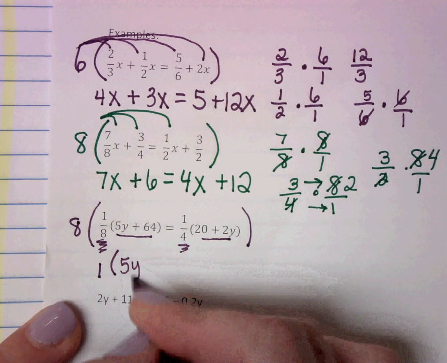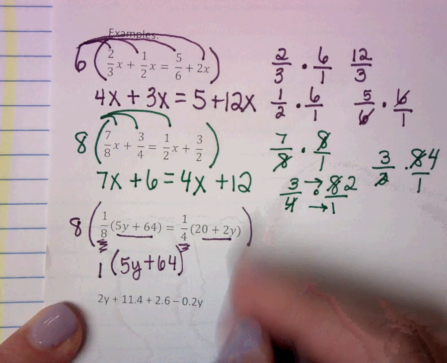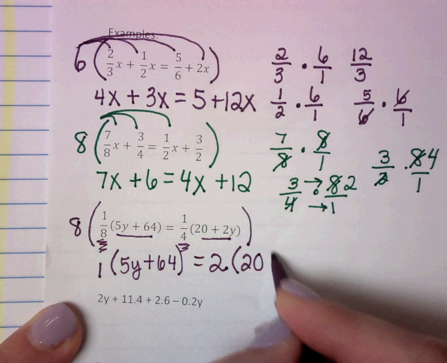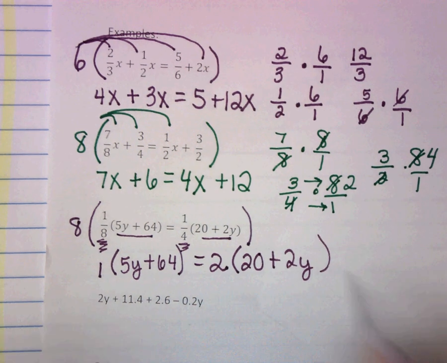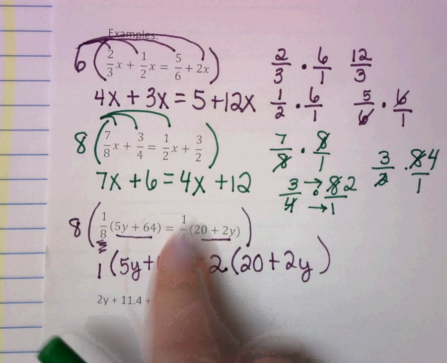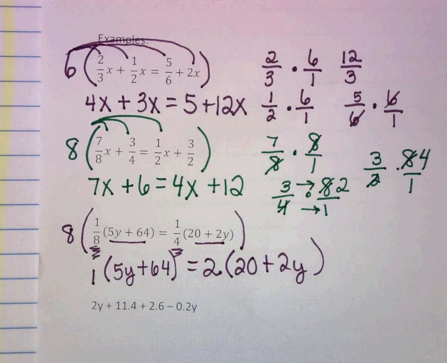That's going to be nice and easy right there. 8 times 1/4 is 2. Now I could do the distributive property. Now, if that's confusing to you, if you think you would be safer going ahead and distributing the fractions first and then clearing them out, then you can absolutely do that. Okay.